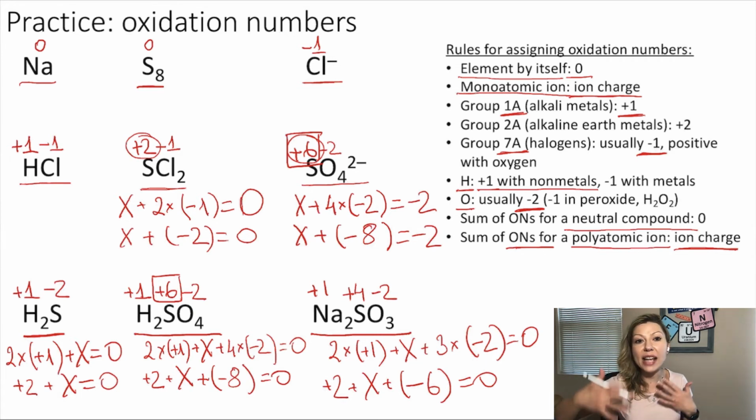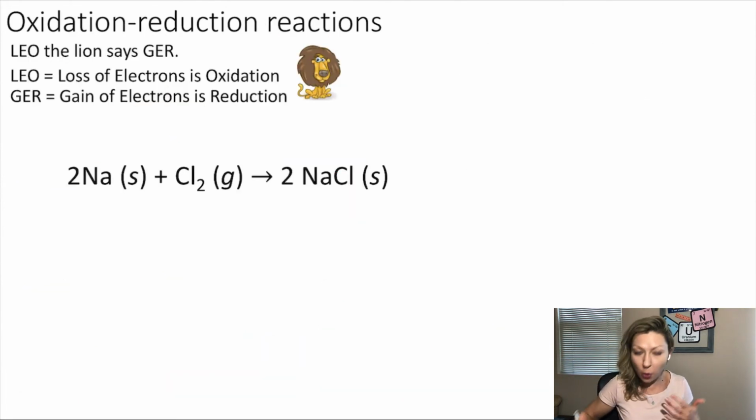Okay, so now let's move back and talk more about oxidation reduction reactions. First of all, we said that in oxidation reduction reactions, atoms are going to exchange electrons, so the oxidation numbers are going to change also.